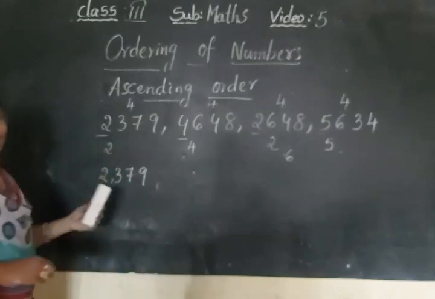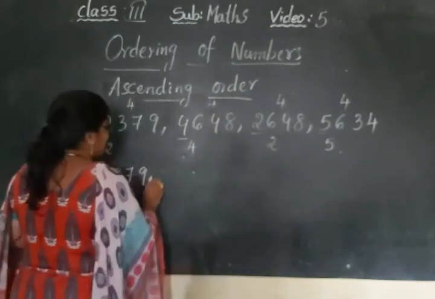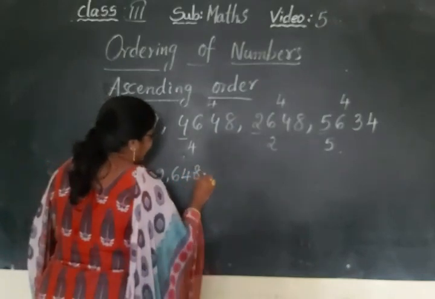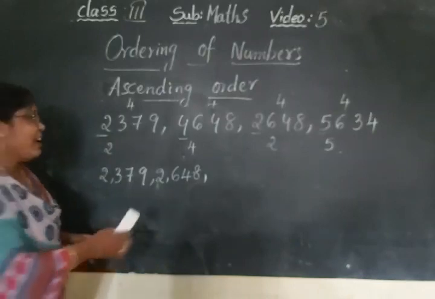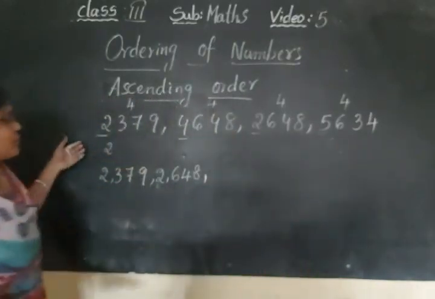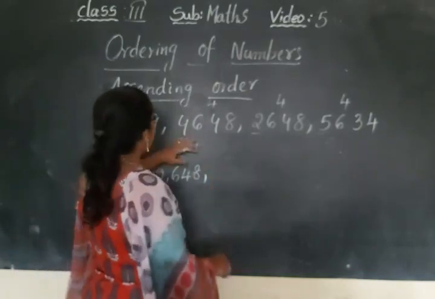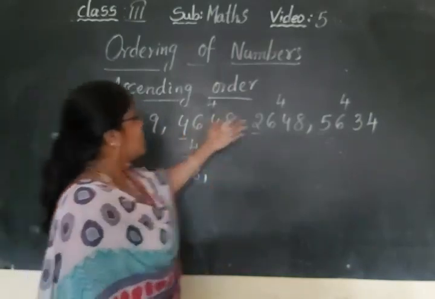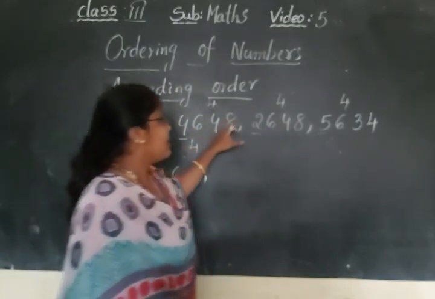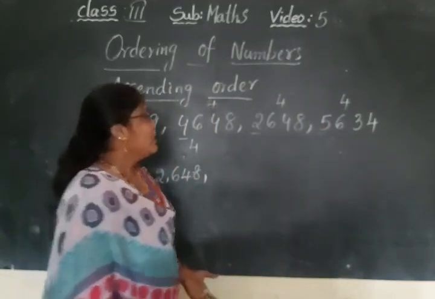Yes, 2379. And next, again we have 2. So this number we have to write, which is 2648. And what comes next? The first digit is 4. So we have 2 more numbers. What is that? 4648, 5634.